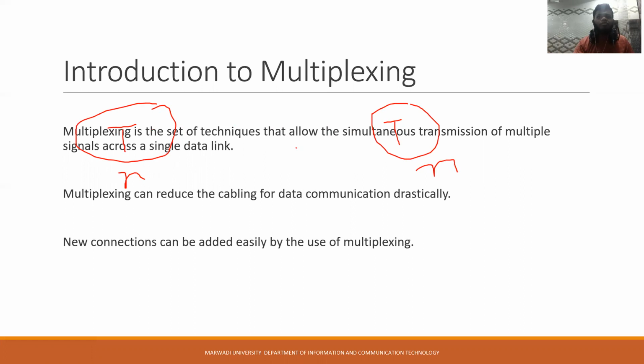But in multiplexing, we can connect these two cities using only a single cable, and this single cable can be used to transmit all the signals within the city. So that's multiplexing in a nutshell.